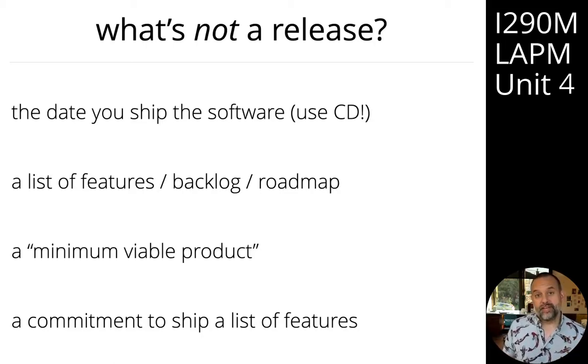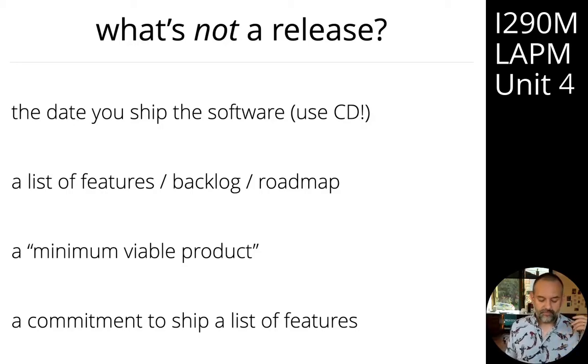A lot of people think about release planning as building a backlog of features that we are committing ourselves to ship. Again, that's not what we're trying to do here. We're trying to set objectives that we all agree to, and what actually gets shipped is going to be decided by teams. When we do the release planning process, we have the least information we will ever have about what it is we're going to build.